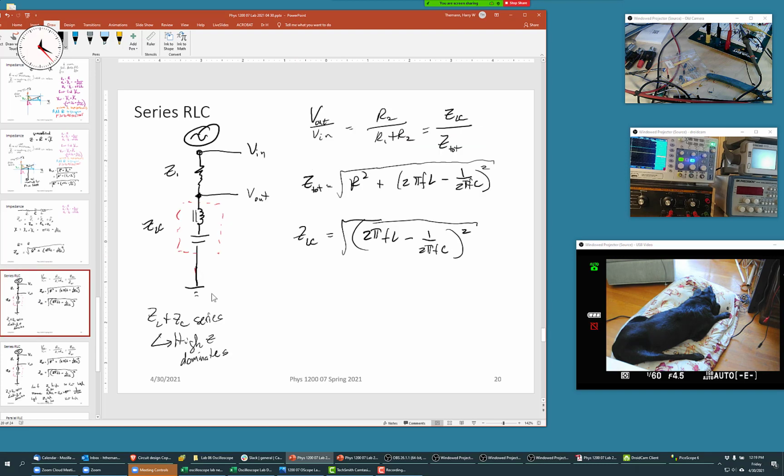So now we apply it to a real-world situation, our voltage divider, right? Because we want to see how an LC behaves together. In this case, it's pretty straightforward because these two are both chi's, so we can simply add them.